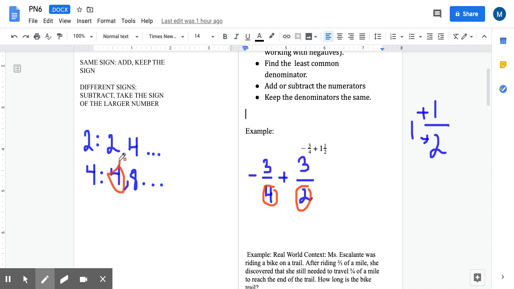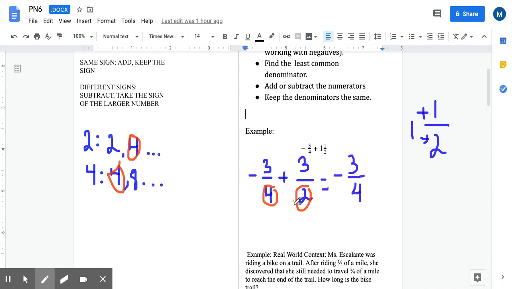So that means we're going to change our denominators to be 4. And whatever you do to the bottom, you have to do to the top. So this fraction is going to stay the same because it already has a denominator 4. So I'm just going to rewrite it. Negative 3 over 4.